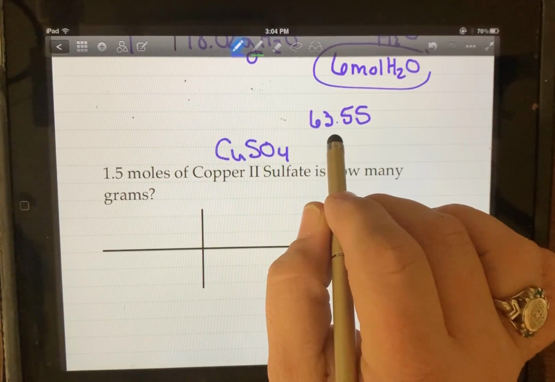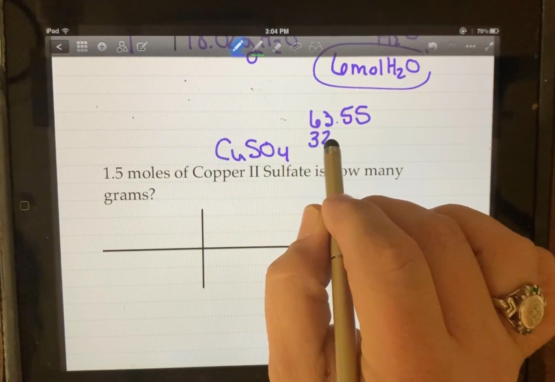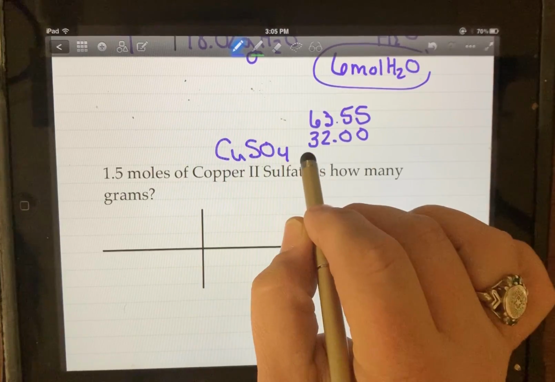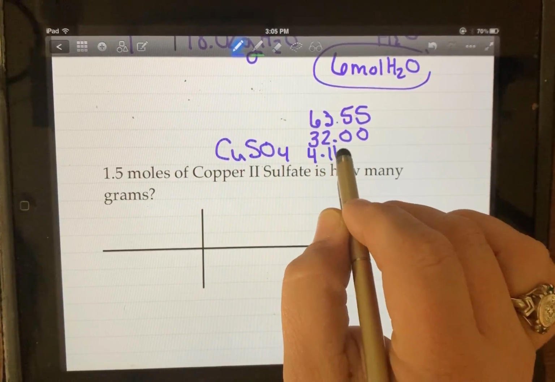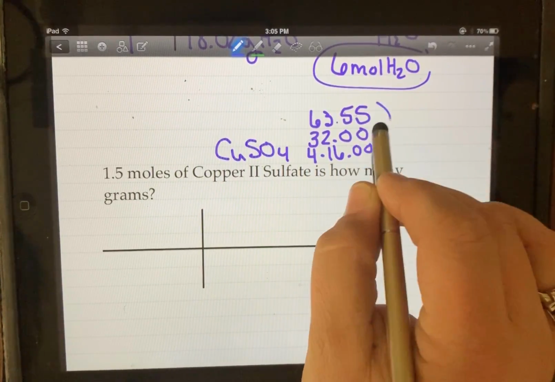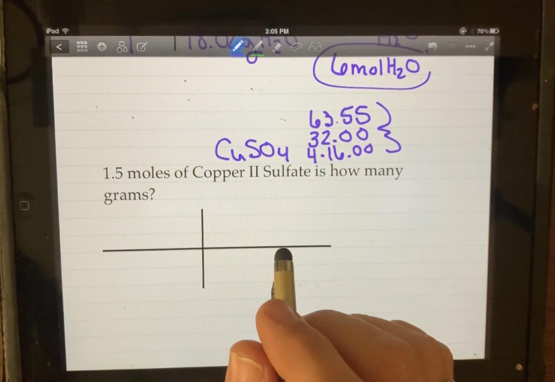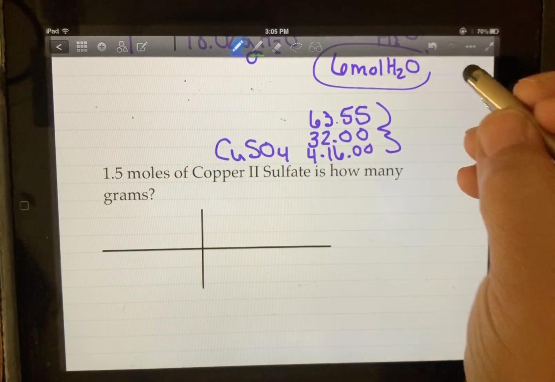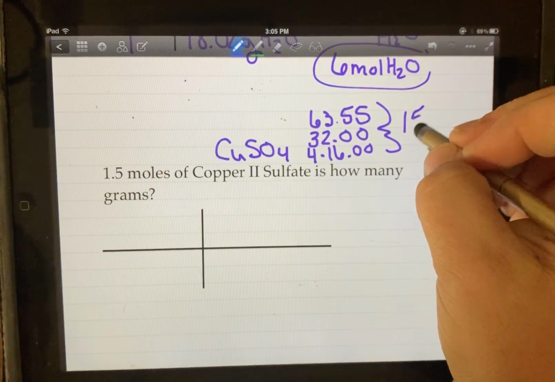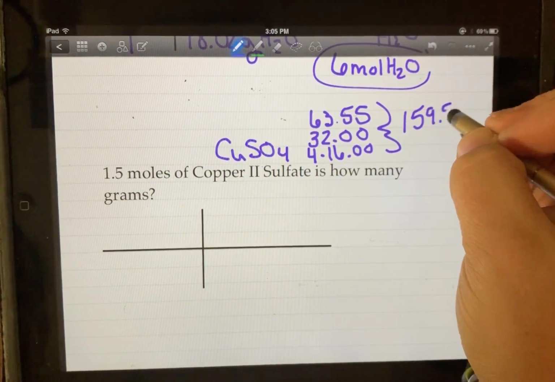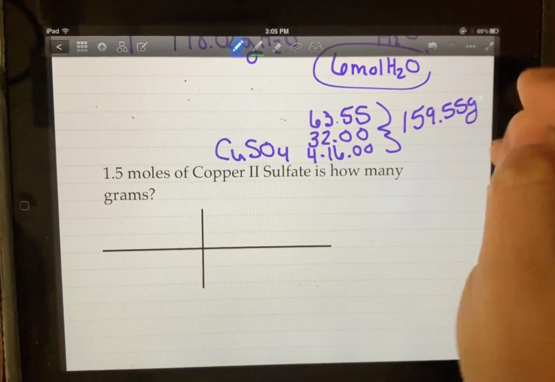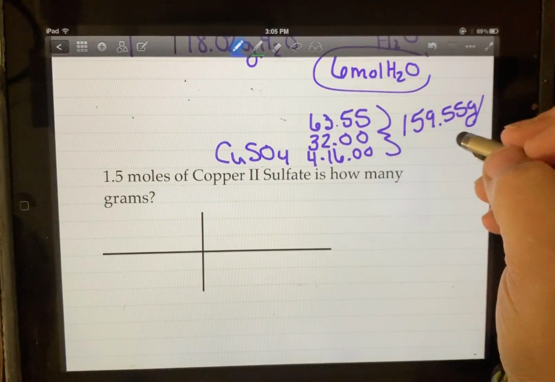Sulfur, I'm going to have one of those, and that's 32.00. And then I have 4 times 16.00. And I'm going to add those together. And I'm going to get 159.55 grams per mole.